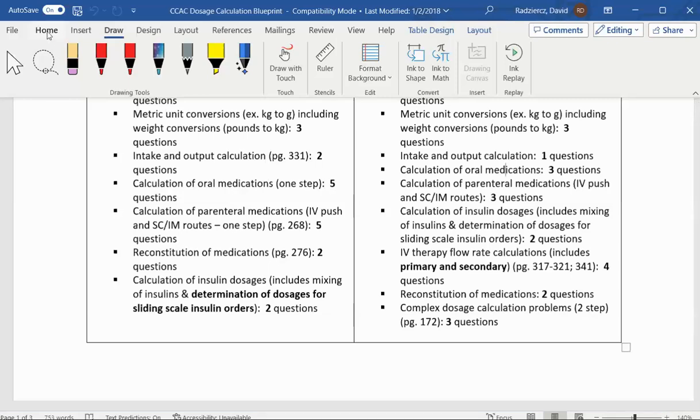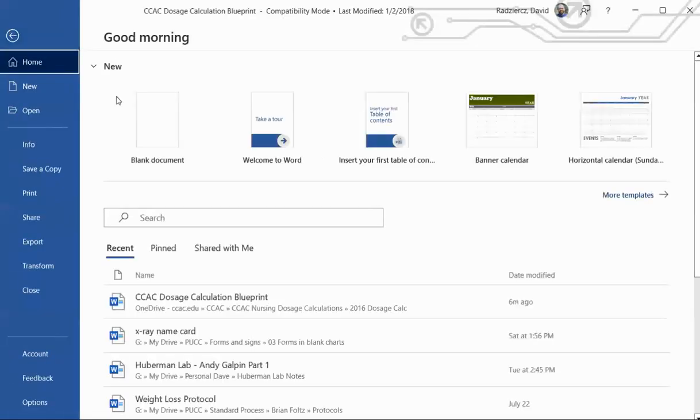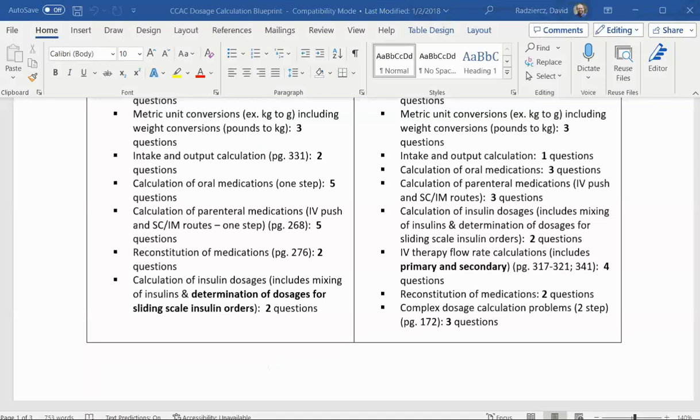So speaking of that, I'm going to open up a new Word document. And we're going to start off with the ones that are a little bit more challenging. My intention is to put this into a new folder in the Dosage Calc practice, so you'll see that it's relatively new.